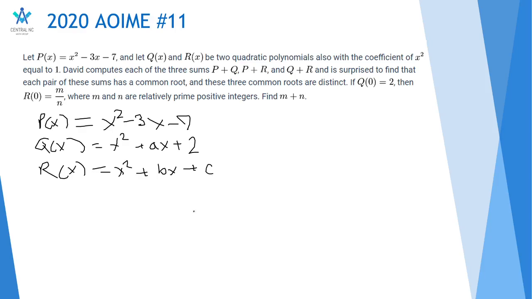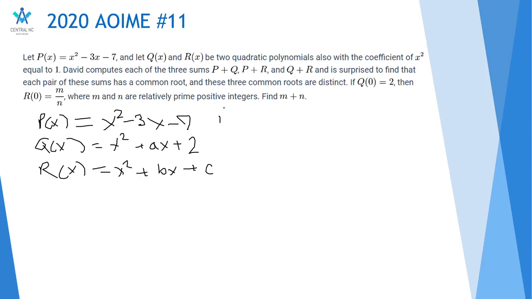And so now we just add up these. The next logical step would be to add these up, because the problem mentions P plus Q, P plus R, and Q plus R. So let me go into a new slide and sum them up. I don't know if I can copy these over. Well, I'll just write them here.